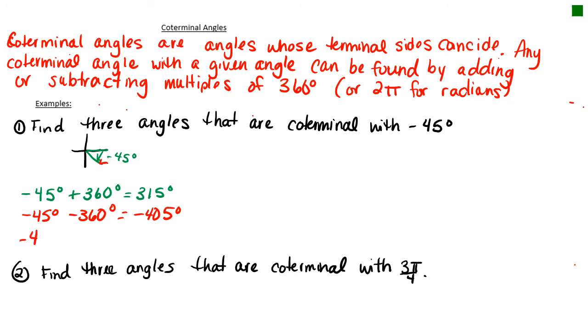So I can do negative 45 degrees plus 2 times 360, and that would be 675 degrees. Let me show you what that would look like. I would go 360, another 360 to there. So multiples of 360. That's pretty cool. So coterminal, you end up at the same place, but you go another 360 degrees, or you lessen by 360 degrees.